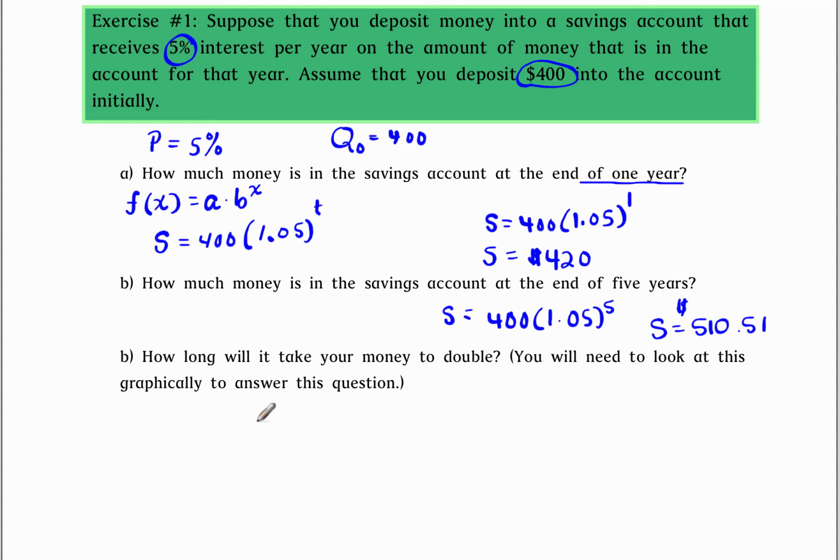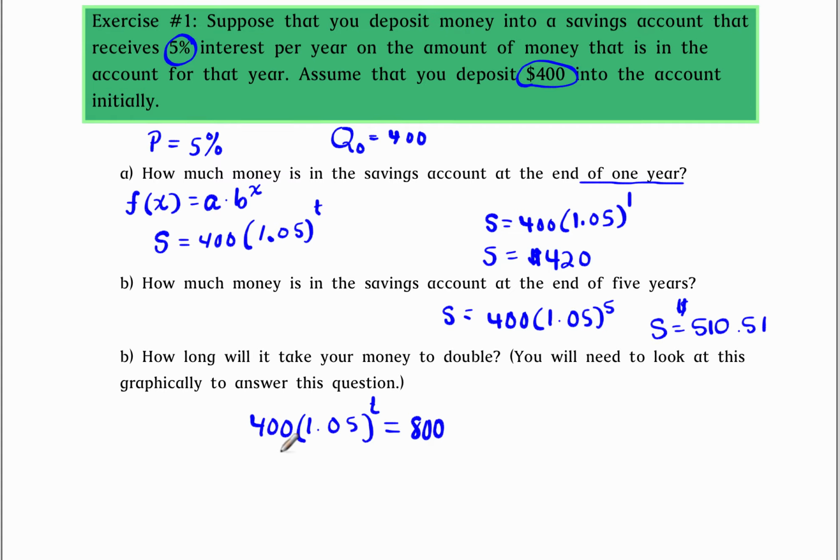But what they do want you to realize is that if you started off with $400, it was growing at a rate of 1.05, raised to some power, you want that to equal 800. Now, I could graph that, but I'm going to have to look at a graph that's pretty high.